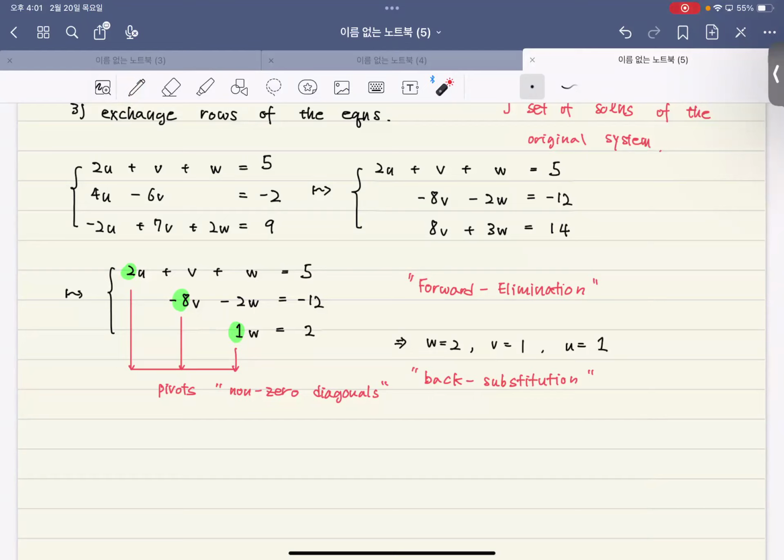How many computations do I need in order to perform the forward elimination? That is actually a very important question because linear algebra is probably the most important thing in computer science. As for mathematicians, I regard linear algebra as very important, and I should be worrying about the time complexity of the Gaussian elimination algorithm. How many computations do I need? That is a very interesting question, right?